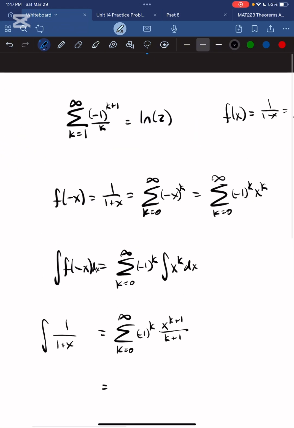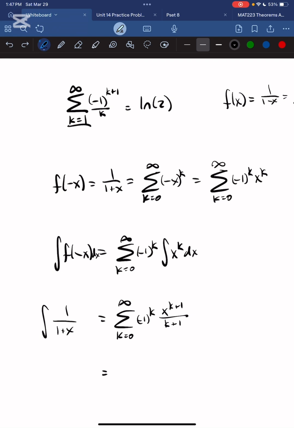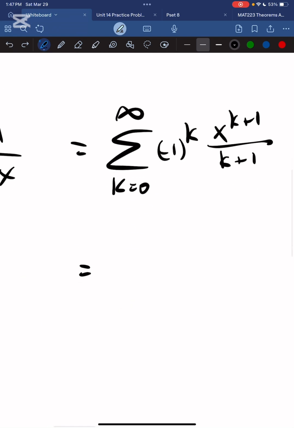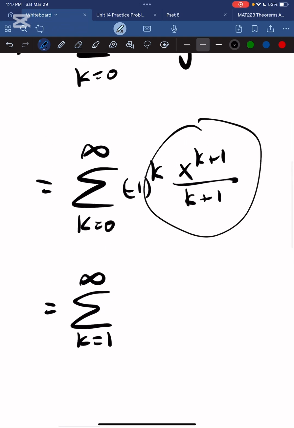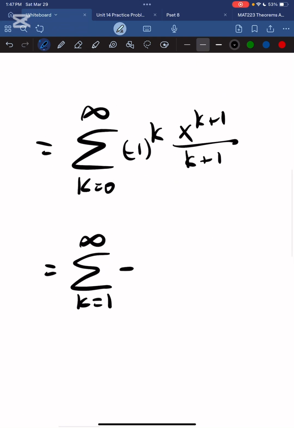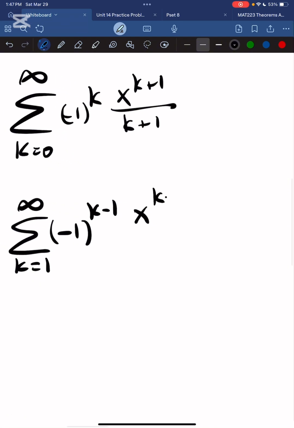because our k's are different, right? Our k is different. So how would we rewrite this sum in respect to it starting at k equals 1? Well, let's see. If we shifted everything 1 to the right, we got to shift all of these k's 1 to the left. So now we get negative 1 to the k minus 1 times x to the k minus 1 plus 1, minus 1, which cancels to just k, over k minus 1 plus 1, right?